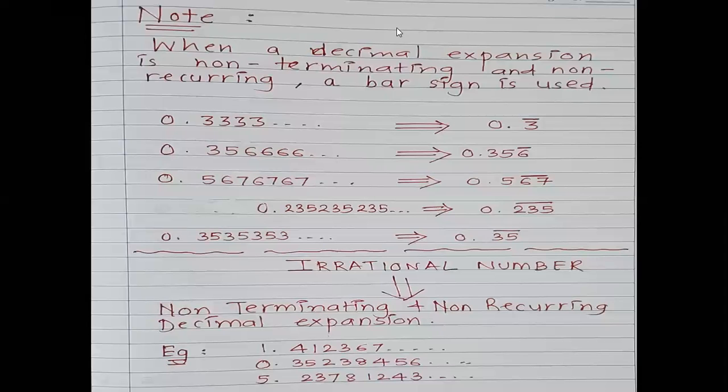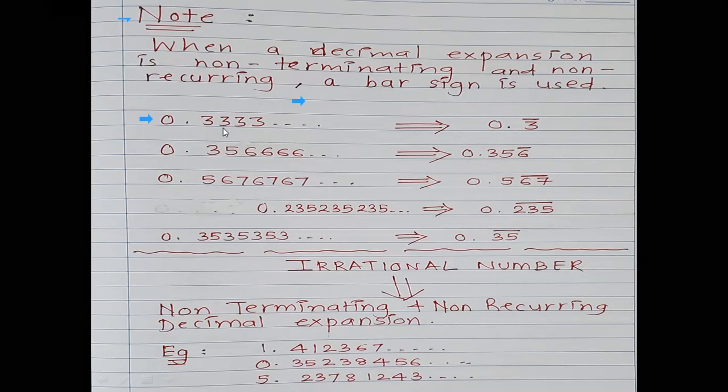Before we proceed further, kindly take a note of a very important point. When a decimal expansion is non-terminating and recurring, a bar sign is often used to represent it. Let us see an example over here. 0.33333 is an example of a non-terminating and recurring decimal expansion.